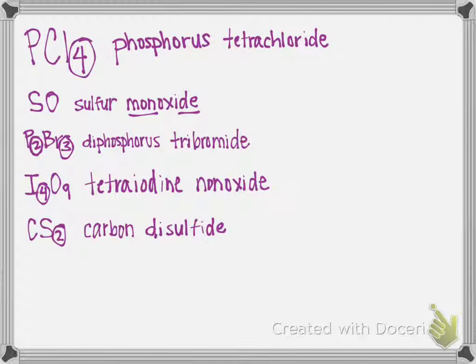Now we are going to go into writing the formula if you have the name, and this should be very simple. To write the formula, you just use the prefix to decide how many of each element should be in the formula.